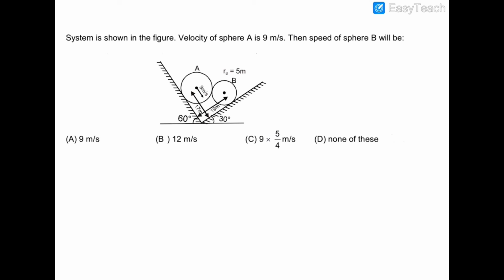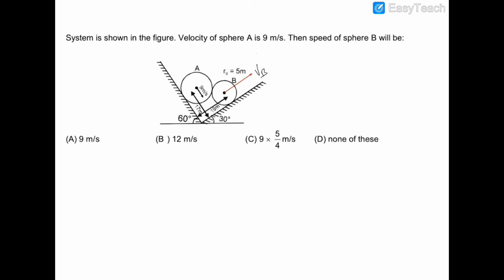Sphere B will move parallel to the inclined plane, since it is in contact with this rigid and immovable contact. So its velocity will be parallel to this contact also. Let us assume its velocity to be VB.